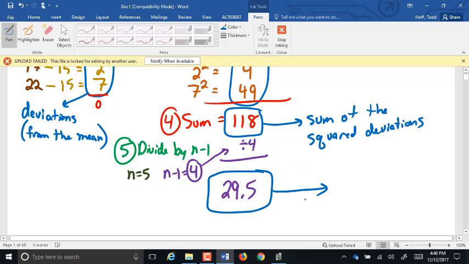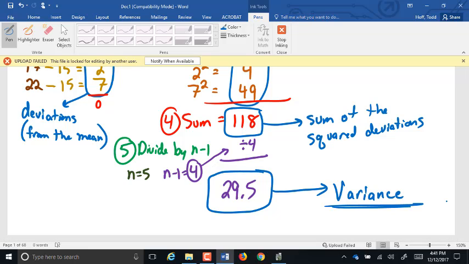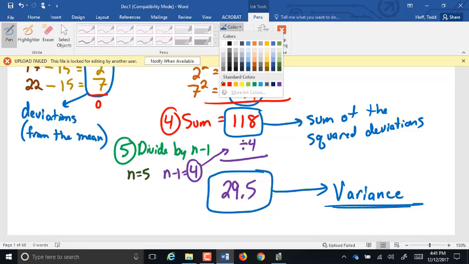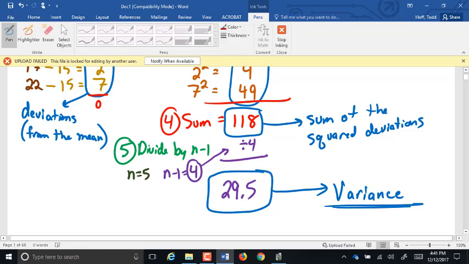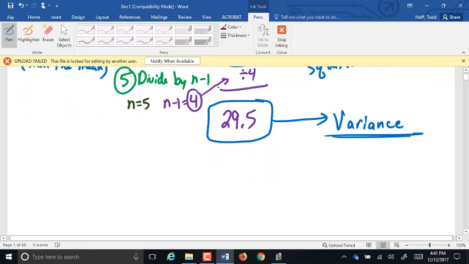That number there, the result of step 5, is called the variance. When we do some statistical testing, there are certain statistical tests that use the variance instead of the standard deviation. Our standard deviation does come up now, the result of step 6. That's to take the square root of that step 5, the square root of the variance.